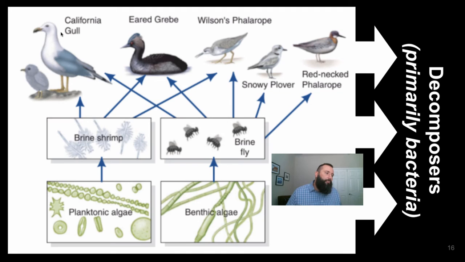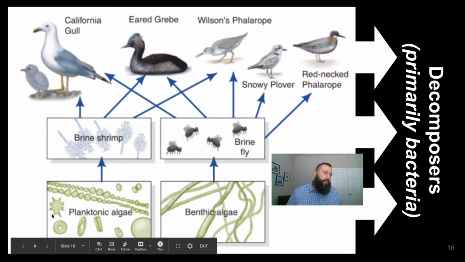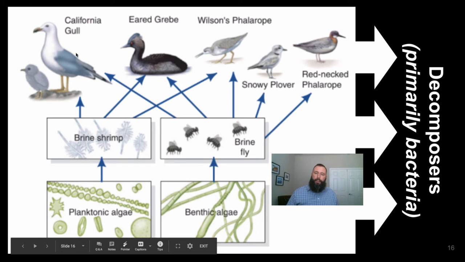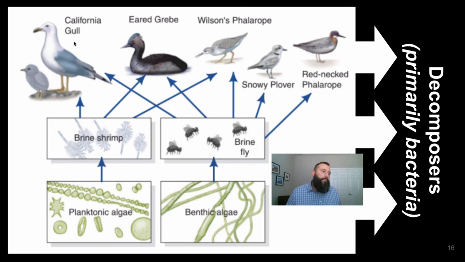So it would take a lot more work to get enough of this algae for it to feel satiated enough and for it to continue to live and reproduce. And so the California gull is not going to eat off of the algae. They're going to eat off of the primary consumers because they're larger than the algae but smaller than the gull, and so they pack a mighty punch in terms of the nutrition and calories available to them.